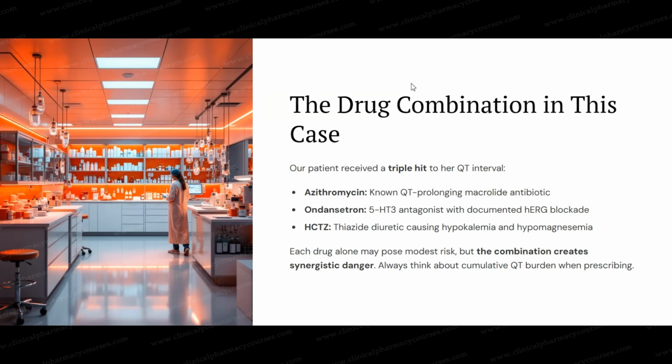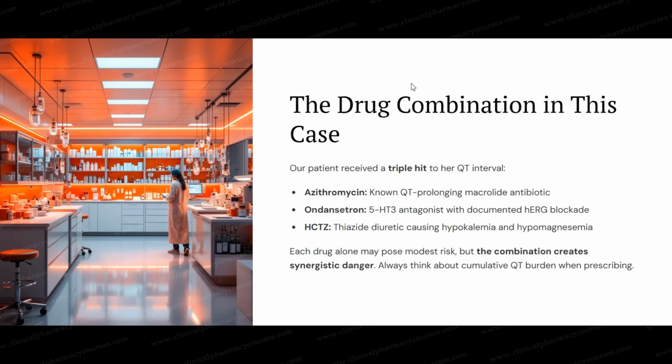And lastly, the hydrochlorothiazide, even though it's not a QT prolonging drug, it might have caused some electrolyte abnormalities or disturbances, such as the hypokalemia and hypomagnesemia, which were evident in this patient. And the electrolyte abnormality could have contributed to the QT prolongation. So it's a triple hit with different mechanisms that caused our patient to end up with, unfortunately, a QT prolongation.